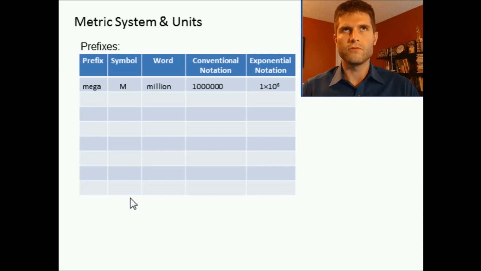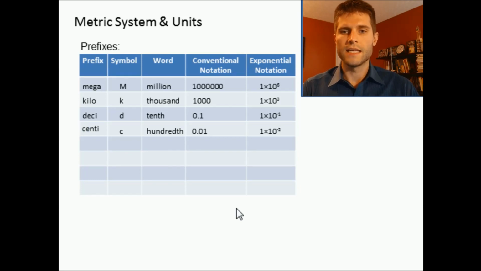I'm going to give you 7 units, I think, that are the common ones we use in chemistry. So that's mega. We have kilo, lowercase k. It's thousands, written as 1,000 or 1 times 10 to the 3rd. Deci, it's a tenth, lowercase d. It's written as 1 times 10 to the negative 1st. Centi, lowercase c, written as 1 times 10 to the negative 2nd.